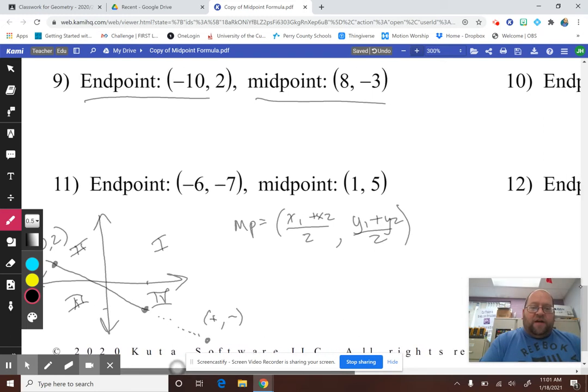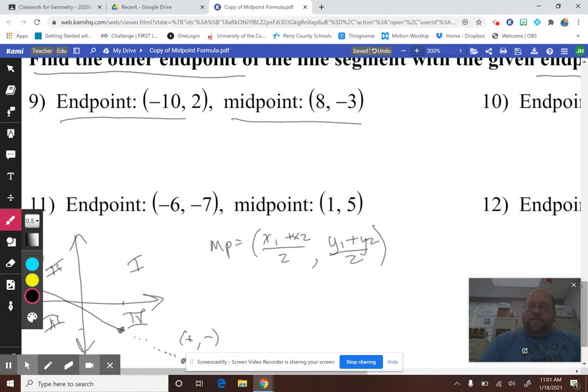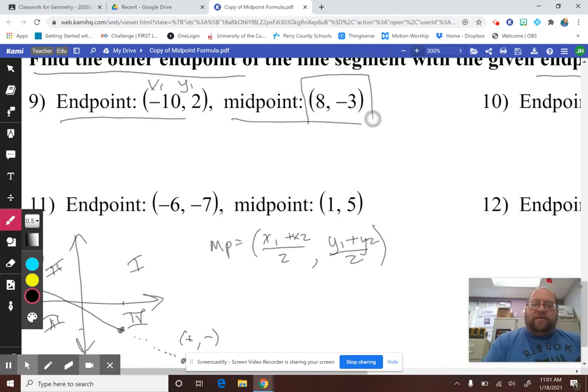So then I want to think about, okay, well, here's my coordinates that I'm working with. So let me see what I could do here. So let's go ahead and label these points. This one I'm going to go ahead and say is X1, Y1, but this one is actually my midpoint. Okay. So let's think about where those things go into the formula.